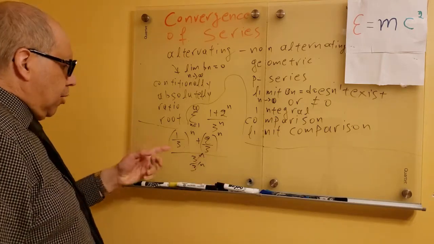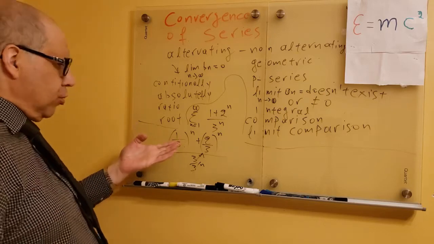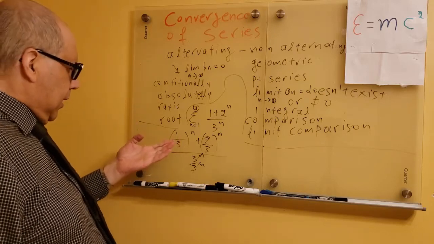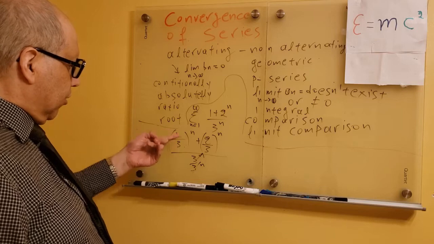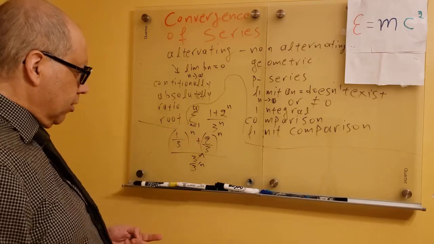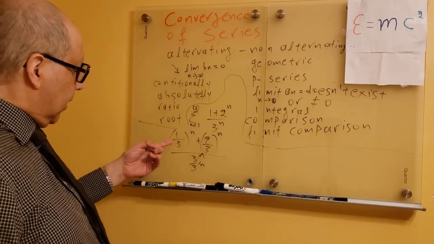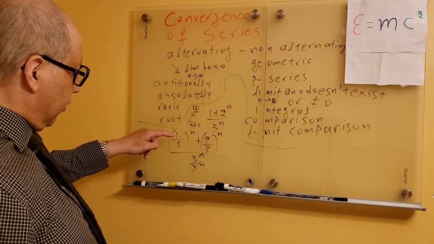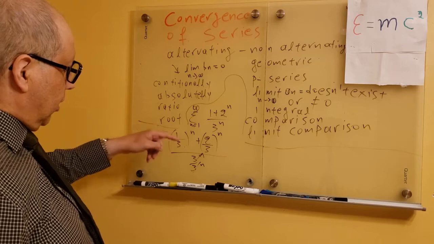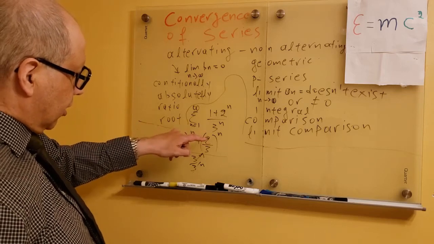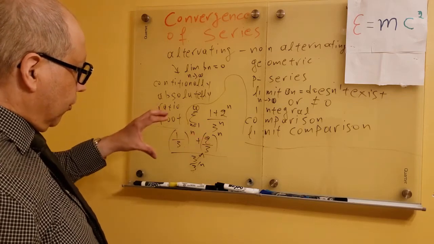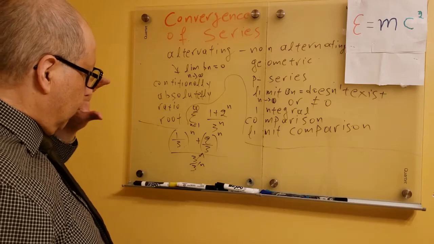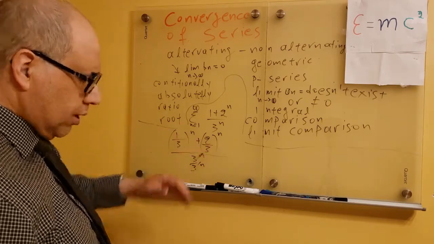And what do you have now? Obviously you have two geometric series, the 1/3 to the n and the 2/3 to the n. The a for the first series is 1/3, and the a for the second series is 2/3. Both of them are less than 1, so that means that both these series converge.